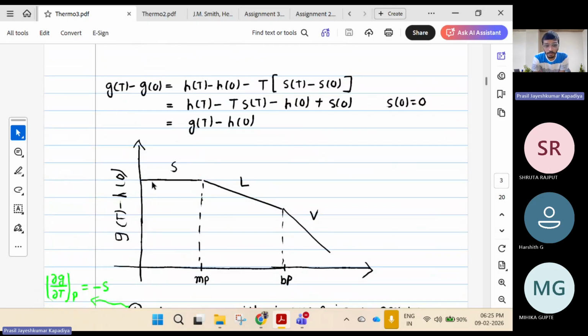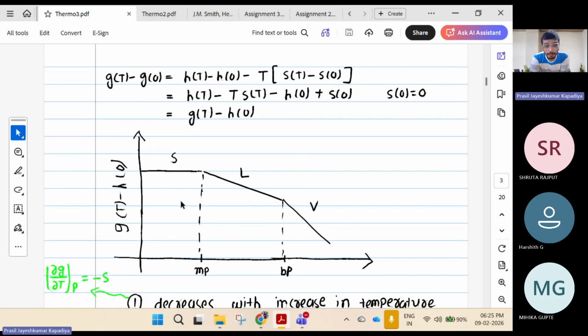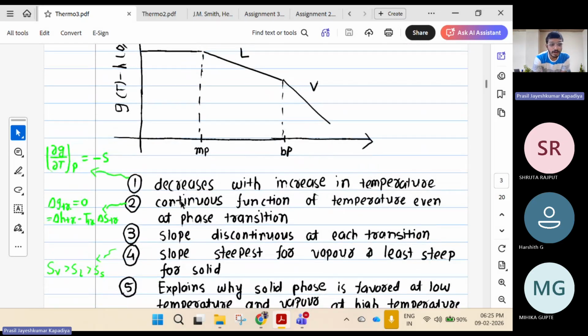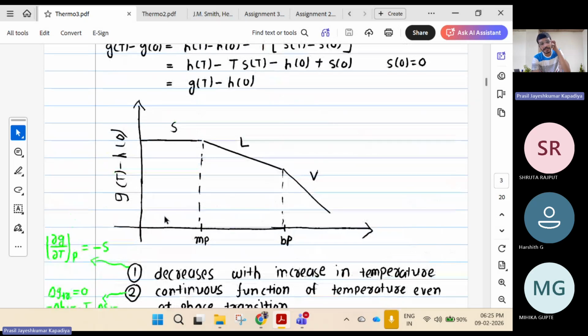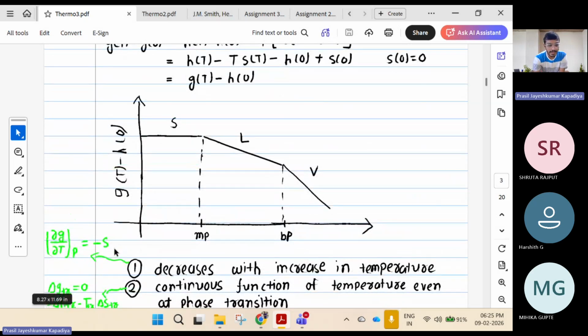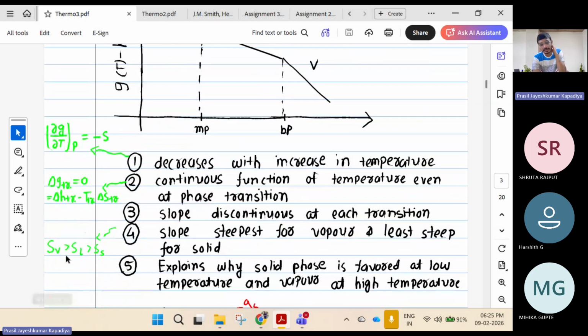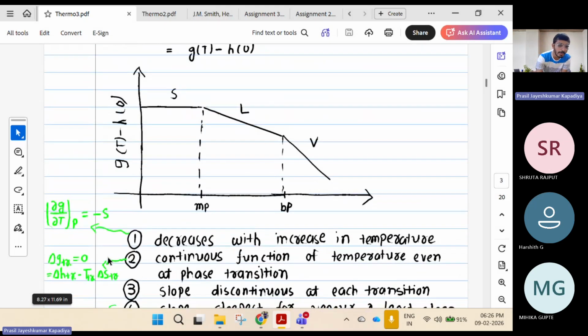Okay, I'm currently showing the function, and you can see that for solid, it is changing very, very slowly compared to liquid and vapor. Why this kind of change? Because you know that the entropy of vapor is highest. So S of V, meaning entropy of vapor, is greater than S of L, which is greater than S of S. Vapor has the highest entropy, then liquid, and solid has the least entropy, very minimum entropy.